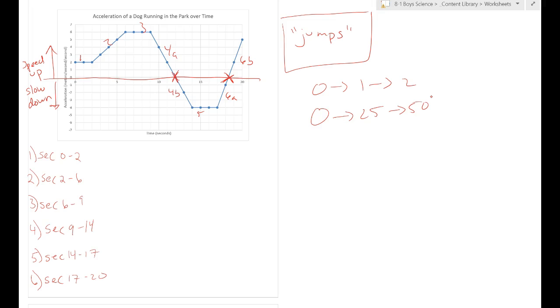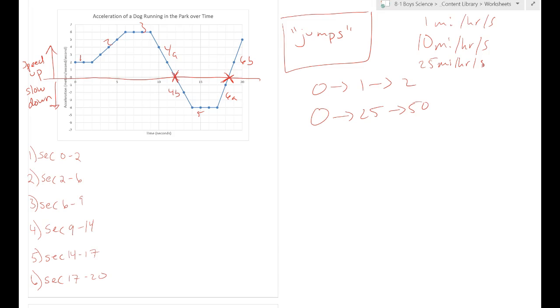So those jumps, if you remember my why are there two time units in acceleration video, if we're talking about 10 miles per hour per second, or 1 mile an hour per second, or 25 miles an hour per second.